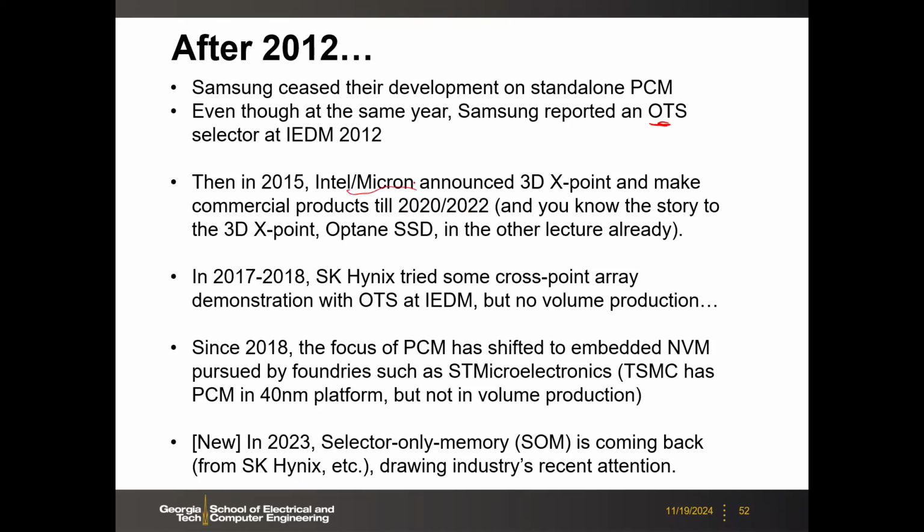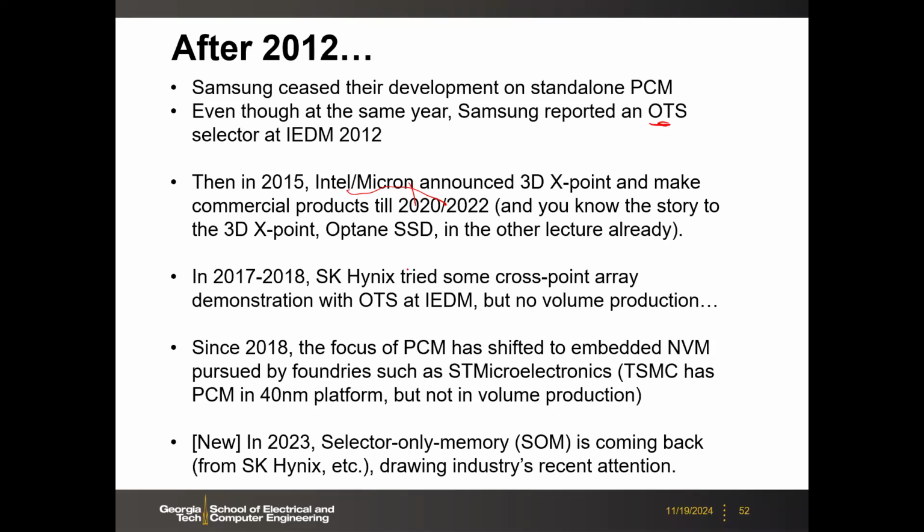Intel actually is 22, Micron is 20. So then in 2017 and 18, SK Hynix started similar work, okay, cross-point array phase change memory with OTS selector, but no volume production since then.